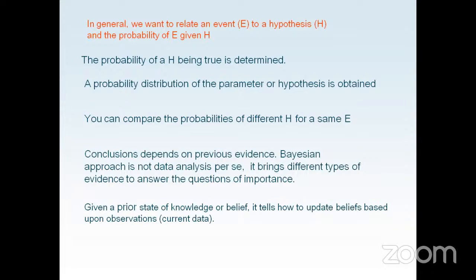Bayesian approach is not data analysis per se. It brings different types of evidence to answer the questions of importance. Given a prior state of knowledge or belief, it tells how to update beliefs based upon observation, that is the current data. So these last two statements, you should remember for analyzing the Bayes problems.